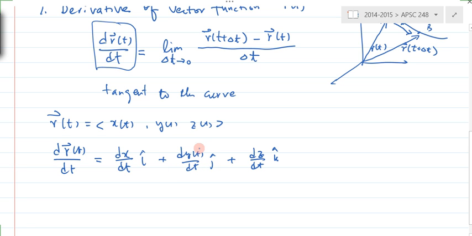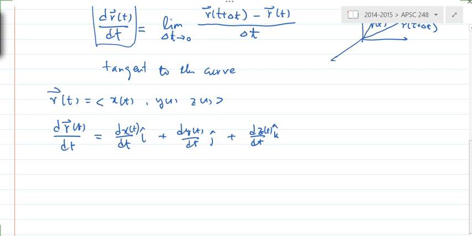Oh, you mean I didn't write the bracket here? You can neglect the bracket here. That just means it's a function of t. If you don't write it, then by default you know that x is a function of t. So it doesn't have to be there. Of course, if you want to be more specific, you can write it like this. That's fine.